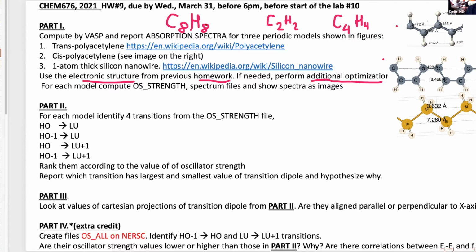But I noticed that some of you did C6, which, if you look on this image, 1, 2, 3, 4, 5, 6, is not periodic. So the atom number 1 and atom number 7 are not identical replicas of each other.